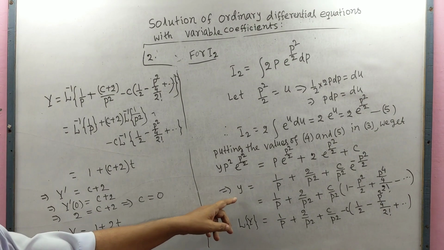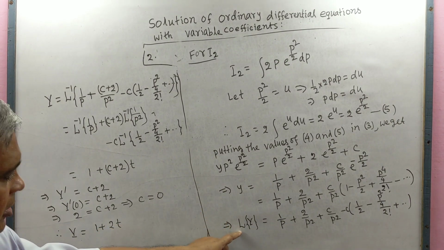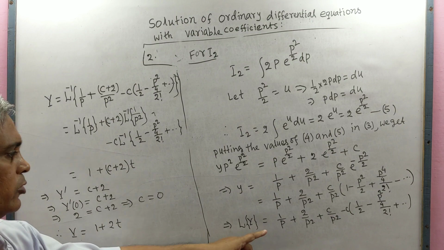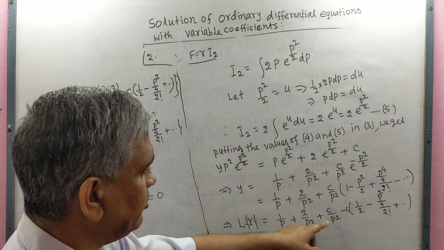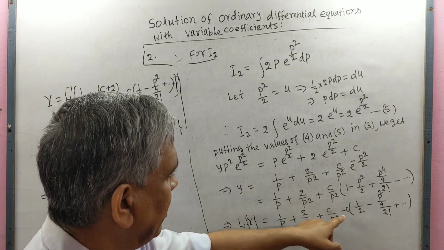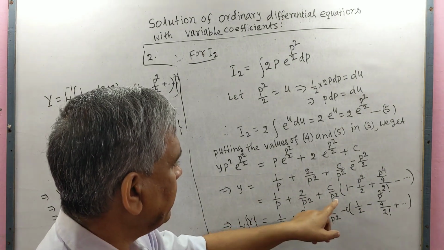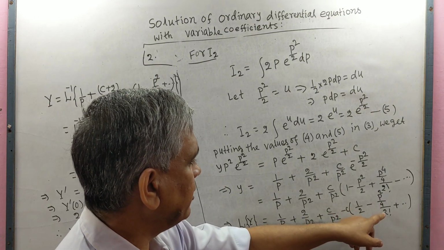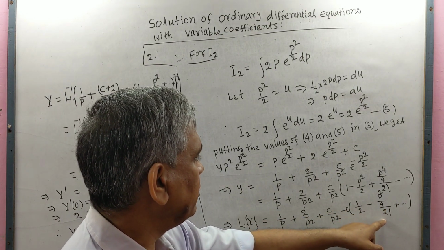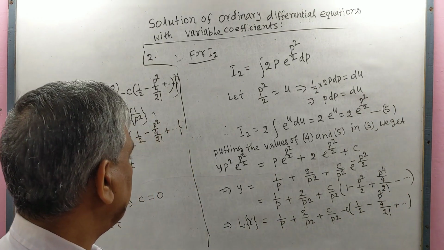Here small y, Laplace transformation of capital Y, equal to 1 by p plus 2 by p square plus c by p square minus c multiplying by 1 by p square, here half minus p square by 4 by factorial 2 plus so on.